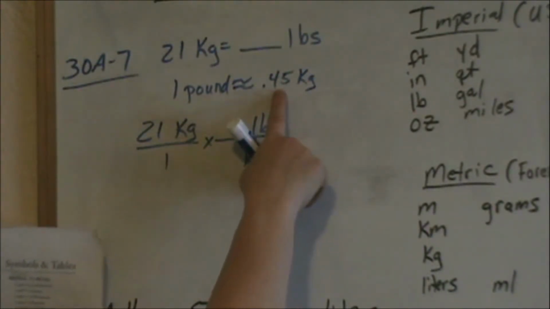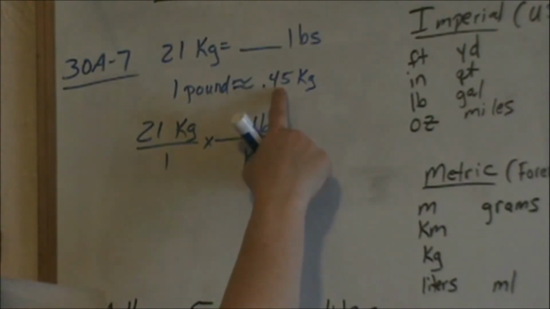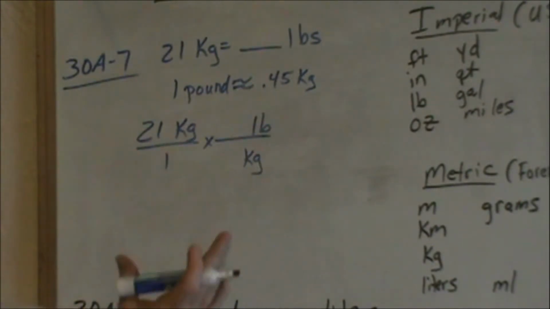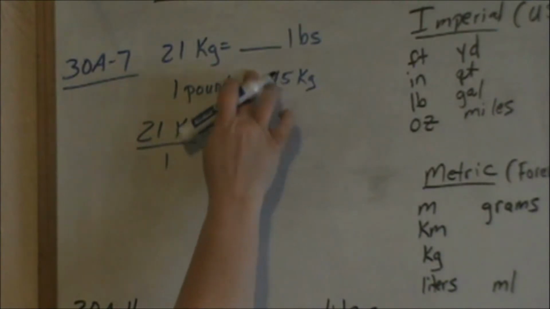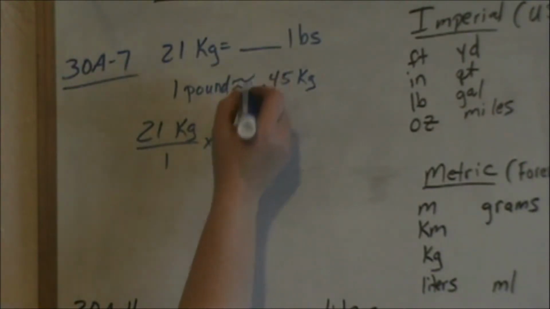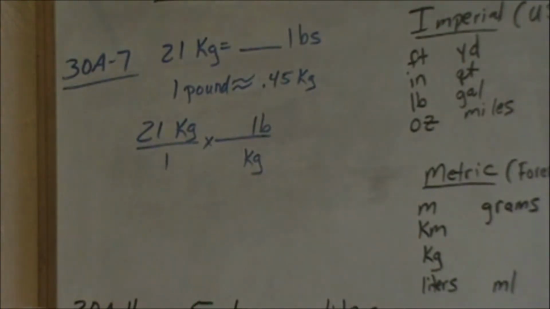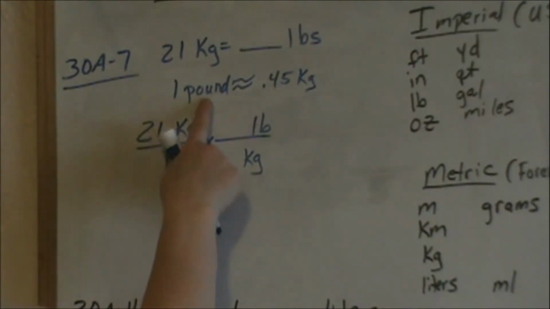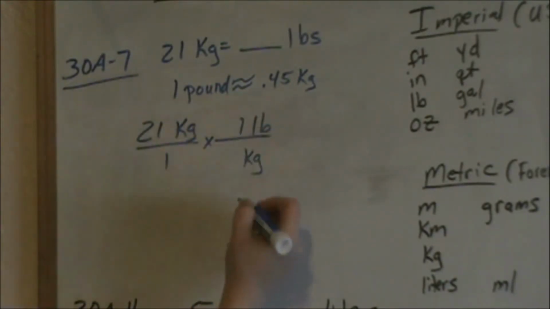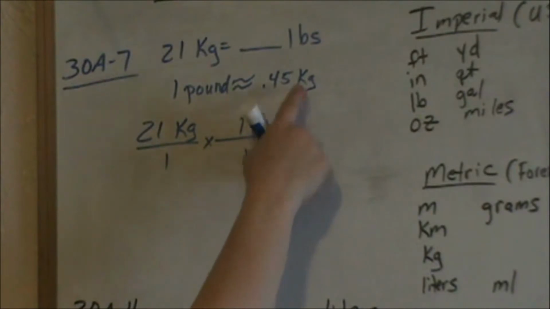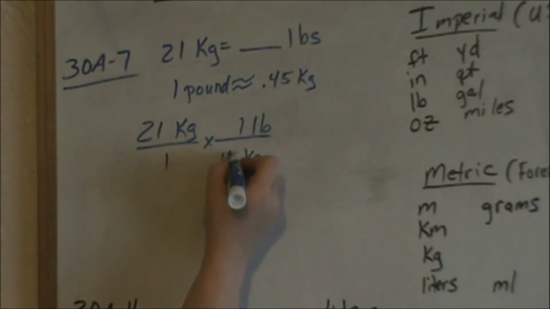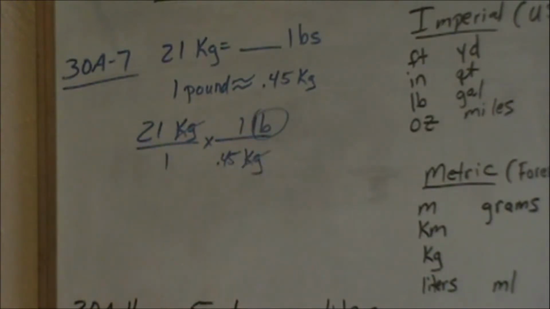That's a rounded number. That decimal probably goes longer, but they're rounding to 2 decimals. So we'll get an approximate. So my 1 goes with my pound, and my 0.45 goes with my kilogram. So my kilograms cancel. I'm left with pound, that's a good thing.